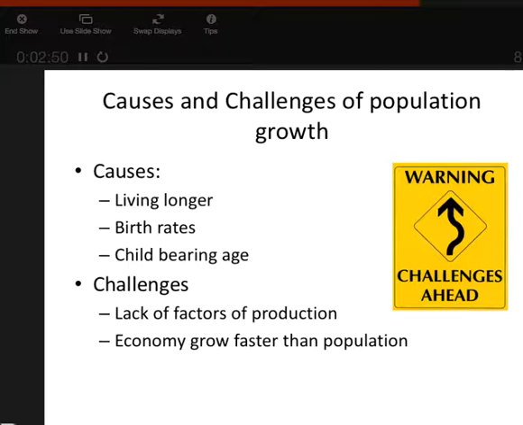We see here that there's a challenge, though, for a developing country that is behind. For countries that are developing or need to develop, their population growth is 20 times faster than you find in a more modern country.